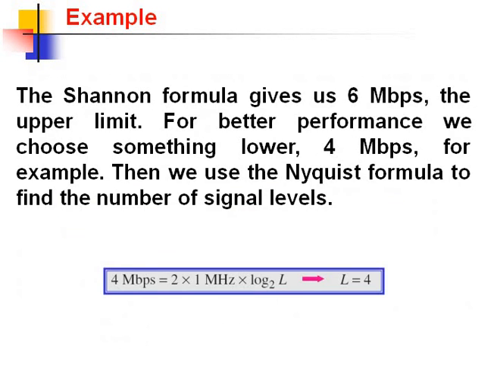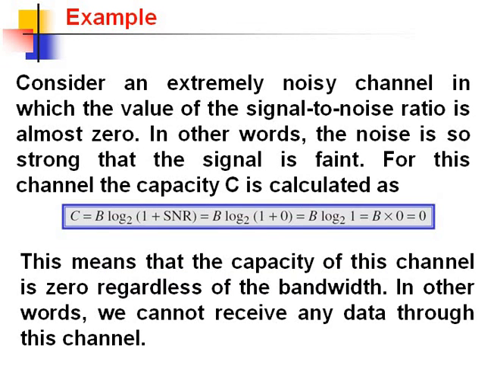So here, consider an example. Consider an extremely noisy channel in which the value of signal to noise ratio is almost 0. Therefore, we have kept the signal to noise ratio as 0. In other words, the noise is so strong that the signal is faint.